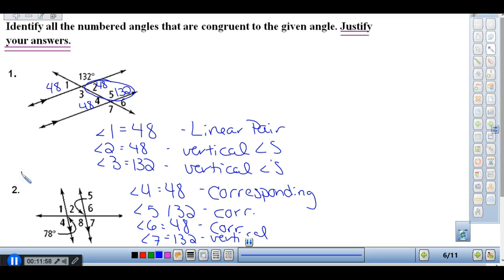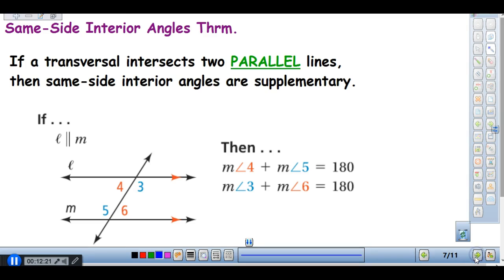Those are my same side interior. So that is supplementary. I will not take 180 as an answer. You need to know that 180 means supplementary. So same side interior angles are supplementary.